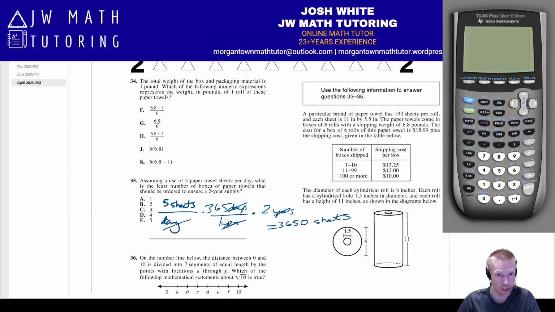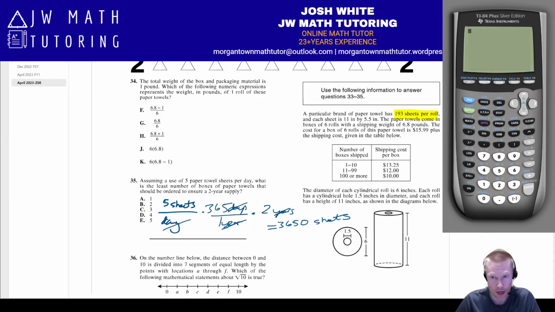Using exactly 5 paper towel sheets per day. All right. So now what we have to do is figure out how many paper towel sheets are in a box. Go back to the given information here. 193 sheets in a roll.